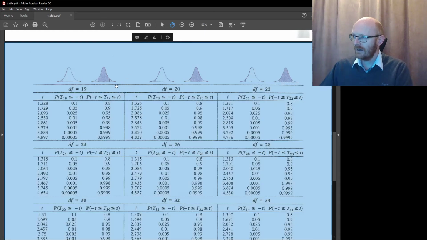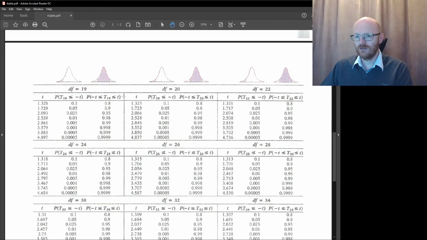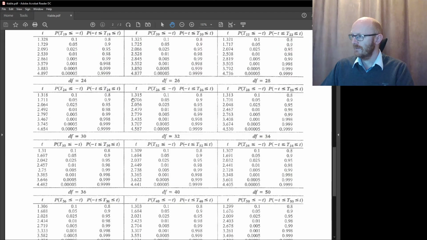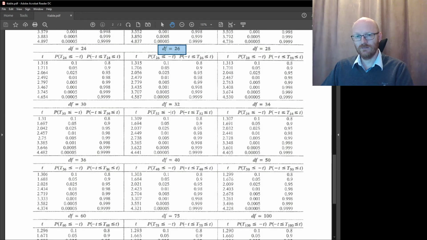and we have a degree of freedom of n equals 80. We have 80 samples, minus 2 because we are estimating 2 coefficients. So we use up 2 degrees of freedom. And here we have degrees of freedom, df, but we have a degree of freedom of 78, which is 80 minus 2.